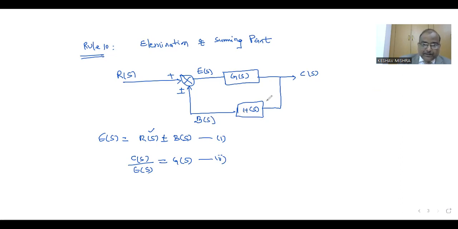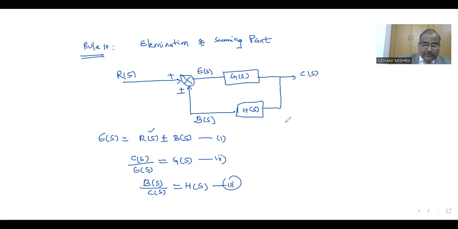So the output BS divided by the input to this, which is CS, CS is the input for this feedback path, is equal to the feedback path transfer function HS. This is equation number 3.